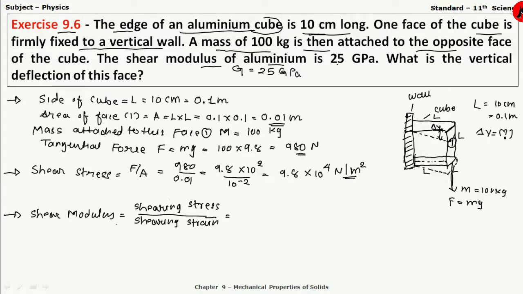This is the definition of shear modulus. It is the ratio of shearing stress to shearing strain. Shearing stress, which is F by A, we have already calculated, 9.8 into 10 raised to 4, divided by shearing strain, right.